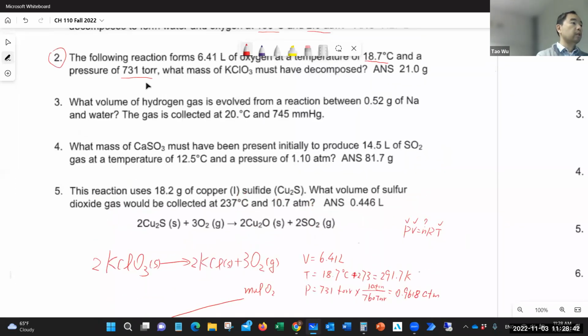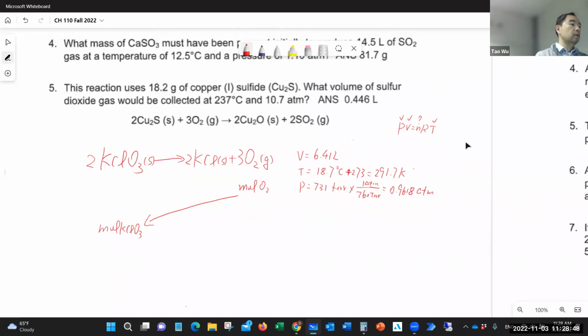The mass of the potassium chlorate that must have decomposed. Based on the stoichiometry, we can go from moles of oxygen to moles of potassium chlorate, and then from moles of potassium chlorate to the mass of potassium chlorate.